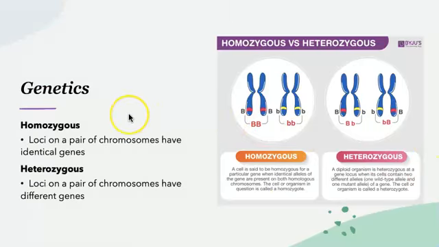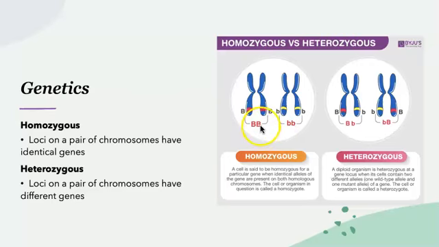Now let's talk about the terms homozygous and heterozygous. Homozygous means that the loci on a pair of chromosomes have identical genes. So for instance, I'm just going to make this up, but let's say these B's represent brown hair and the lowercase b's represent blonde hair.